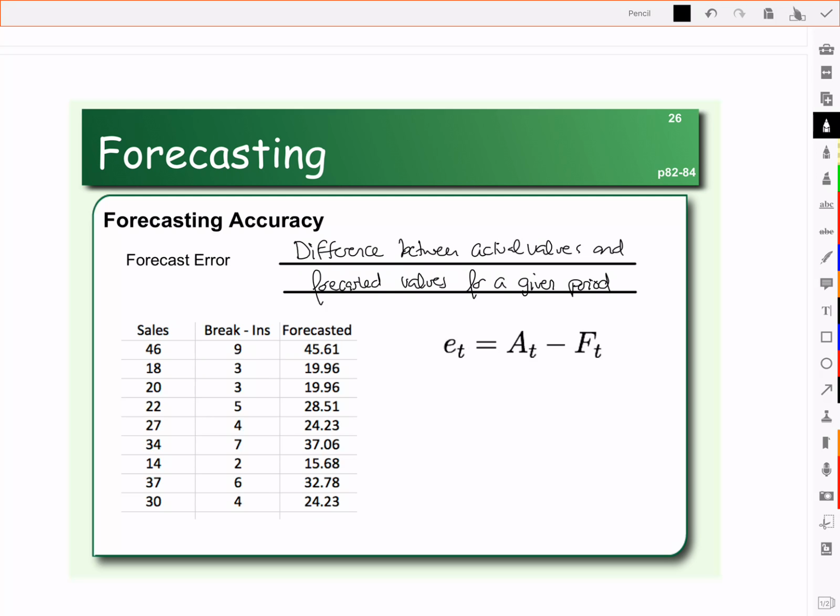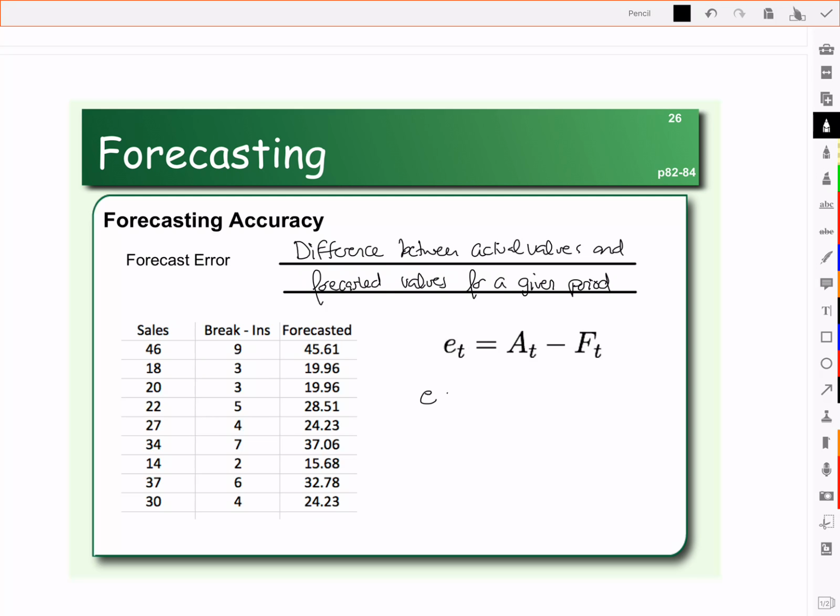So for example, here's our associative model, and we had sales of 46 when there were 9 reported break-ins. And our forecasting model that we created estimated that the number of sales should be 45.61.